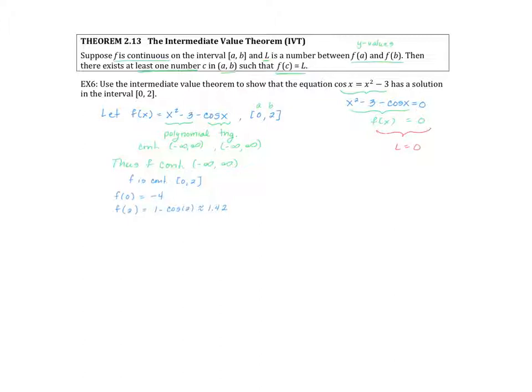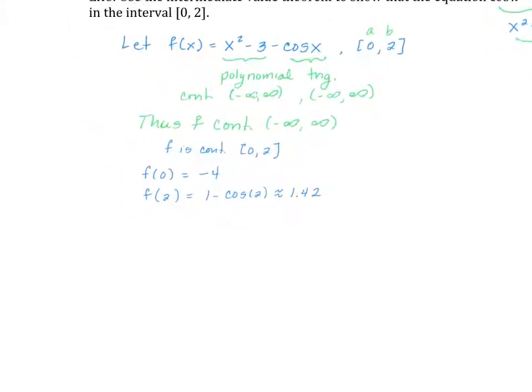So notice here, with these two conditions, f of 0 and f of 2, I have that L, which is 0, is between these two values. All right, so we showed f is continuous.